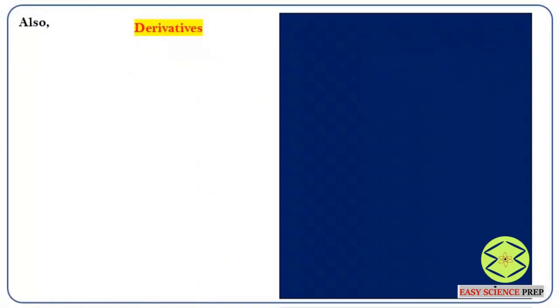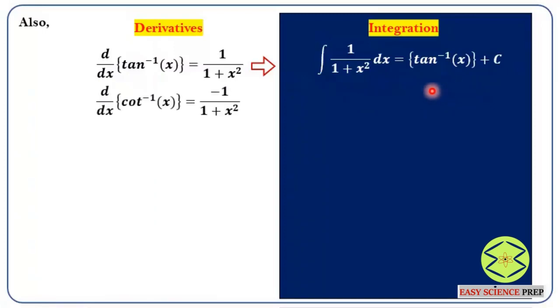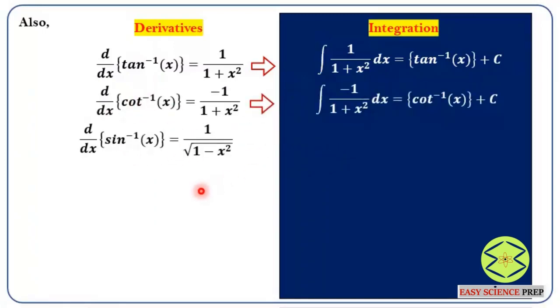Now similarly we can have functions like tan inverse of x. The derivative of tan inverse of x is 1 upon 1 plus x square. Therefore the integration of 1 upon 1 plus x square is tan inverse of x. Similarly for cot inverse x. Now, the derivative of sin inverse of x is 1 upon square root of 1 minus x square.